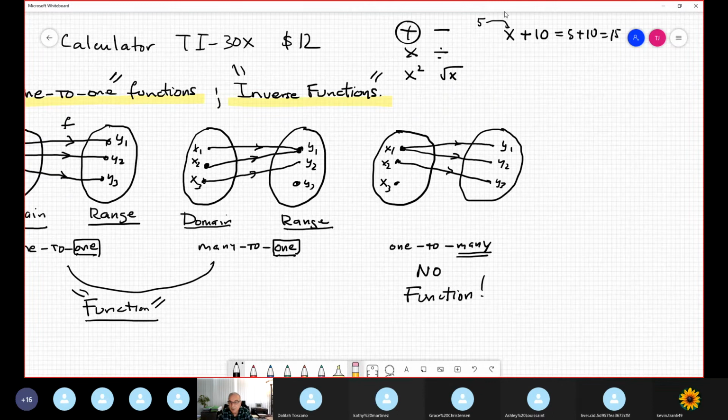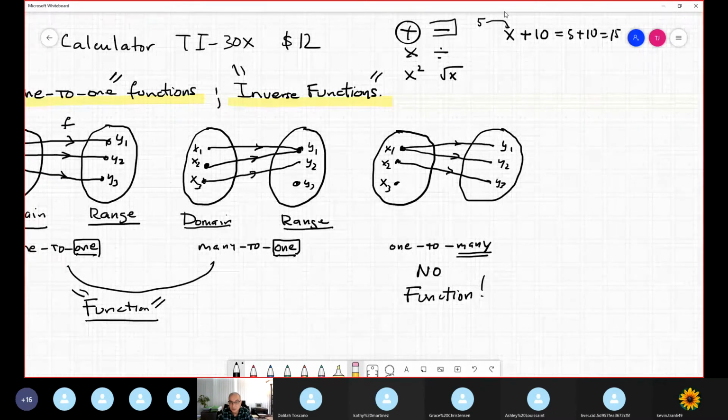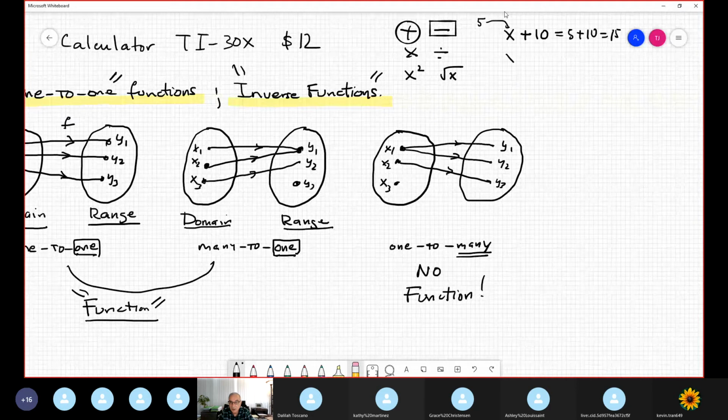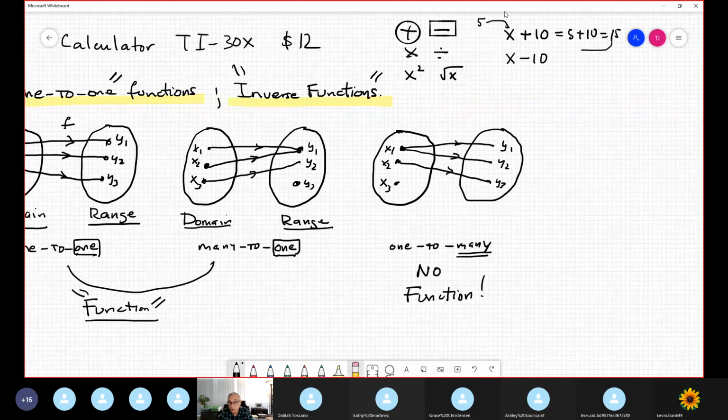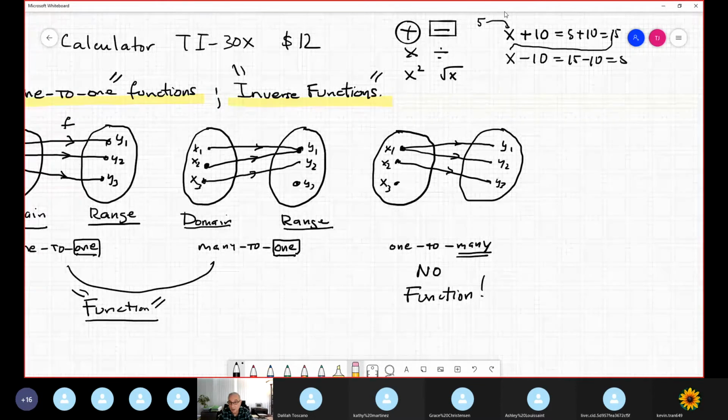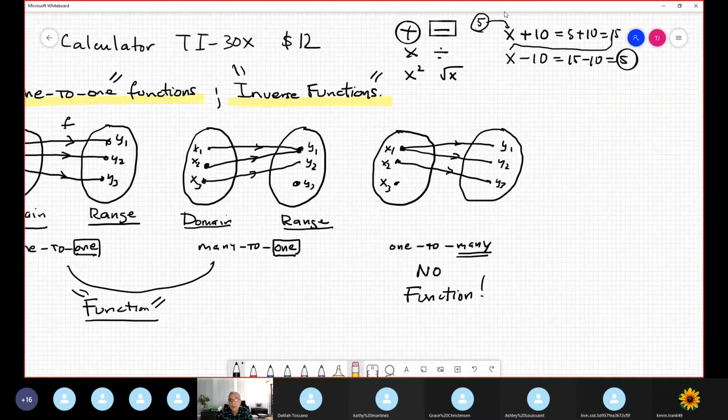Good. And what is the inverse function? The inverse function is subtraction, x minus 10. I suppose it's the same quantity, no? And when you plug in this 15 here, 15 minus 10 is 5. And we come back to the original value.